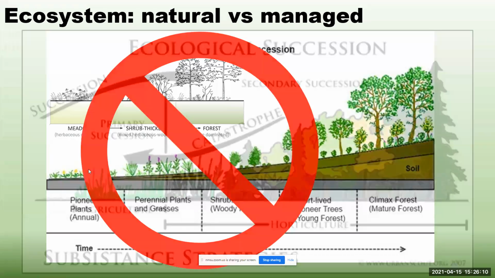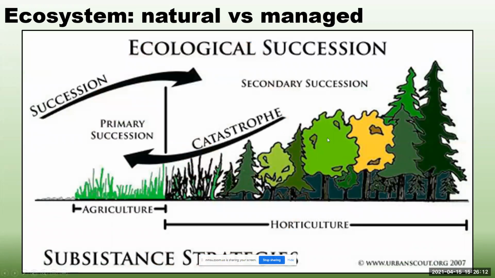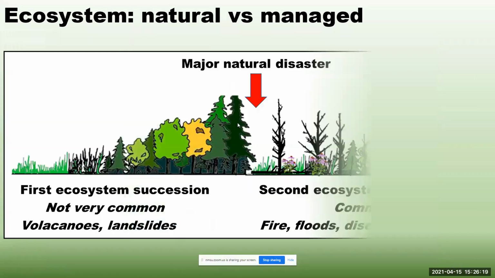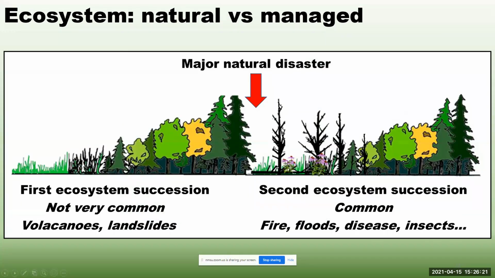In reality, this is a better depiction of what we should be dealing with, but this shows more of a real story where if a lava flow came in, we would deal with these pioneer plants and then start up with this long, slow process of building up to a climax forest.